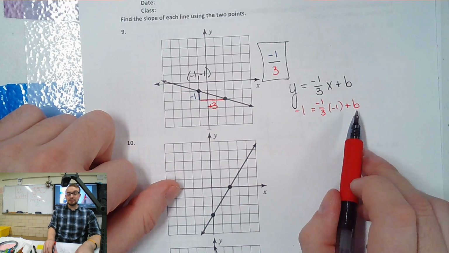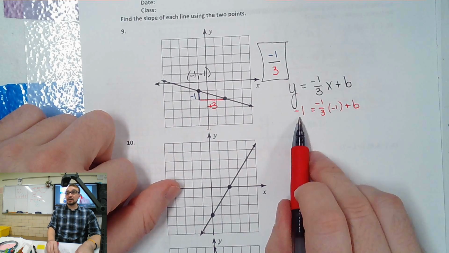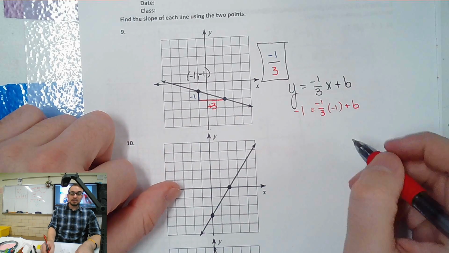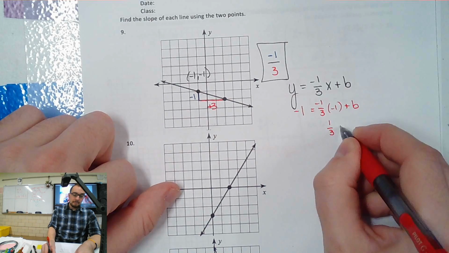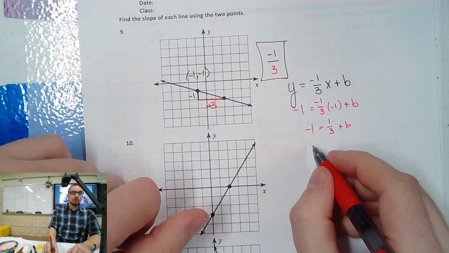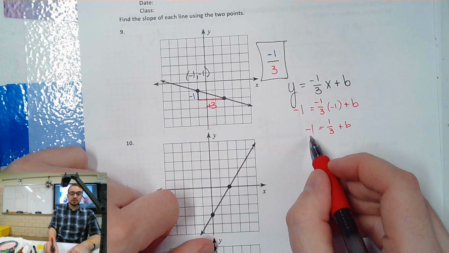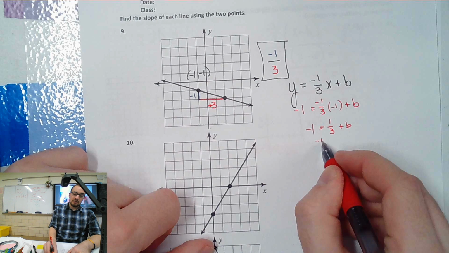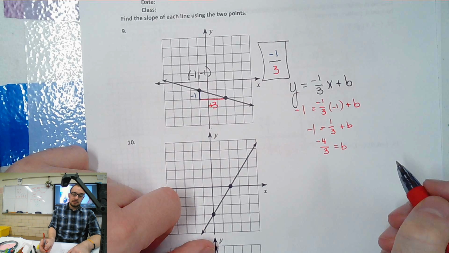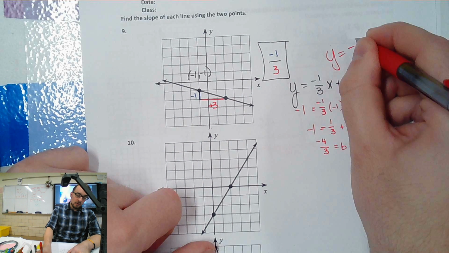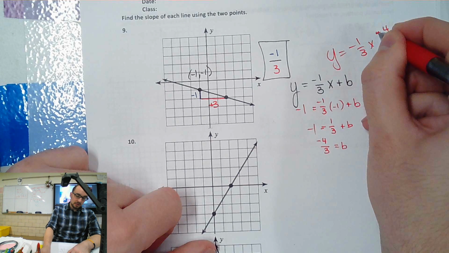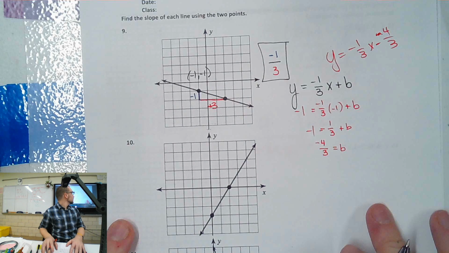What does b have to be for this to pop out -1? Well, if I do math, I get -1 times -1/3, which is +1/3. Subtract 1/3. How many thirds are in the number 1? 3/3 minus 1/3 is -4/3. So y would be -1/3 x minus 4/3. That's the equation.